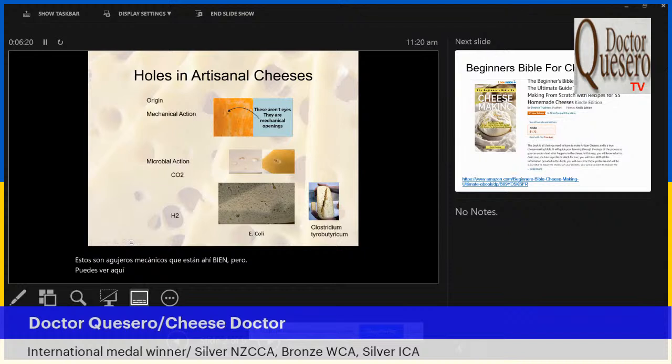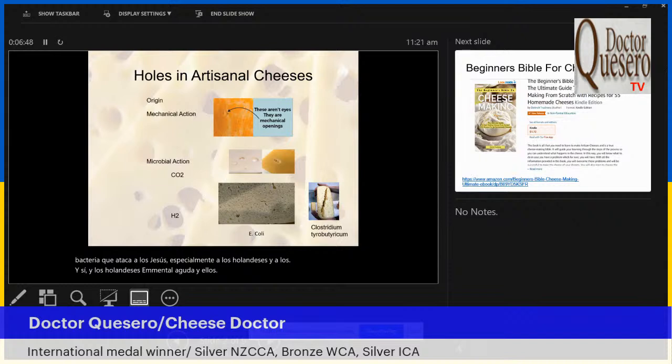These holes are produced by pathogenic bacteria like E. coli, which is a coliform, and Clostridium tyrobutyricum, another bacteria that attacks cheeses, especially the Dutch ones, Emmental and Gouda.